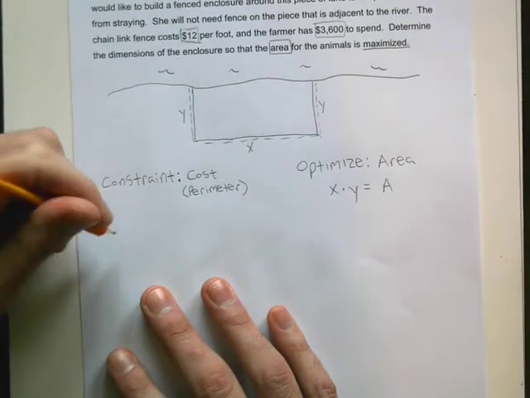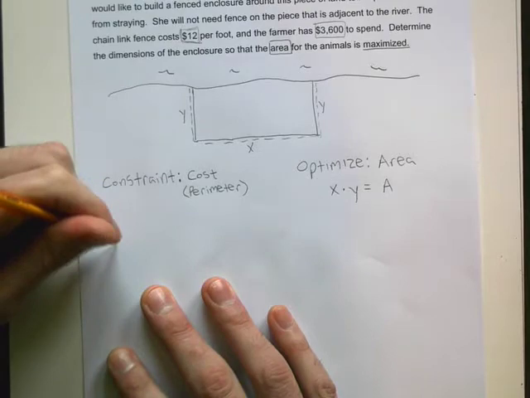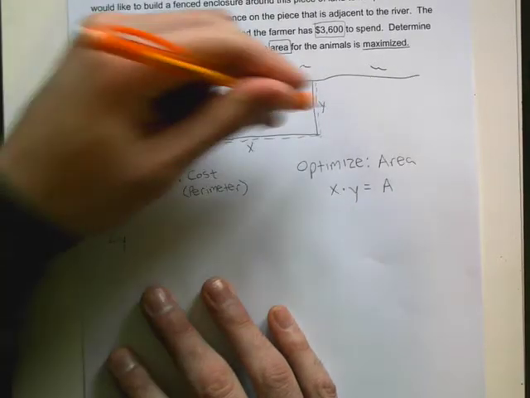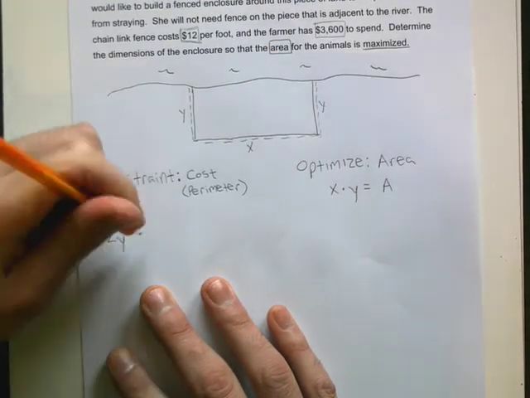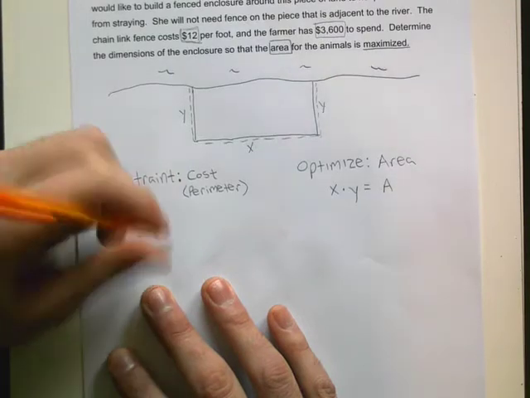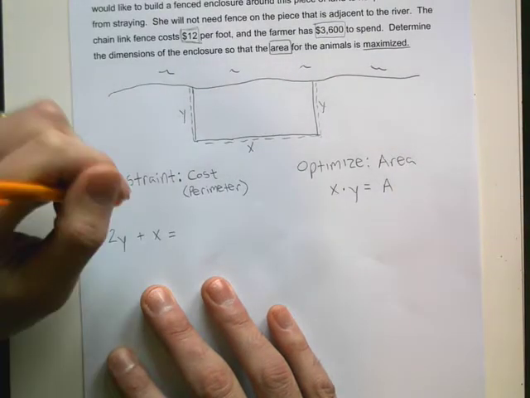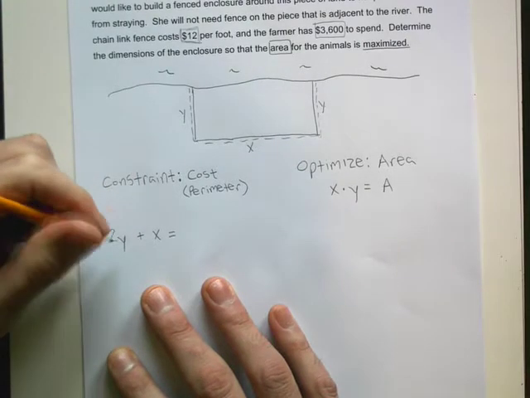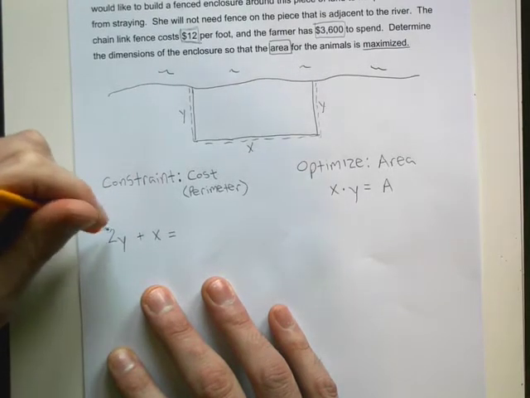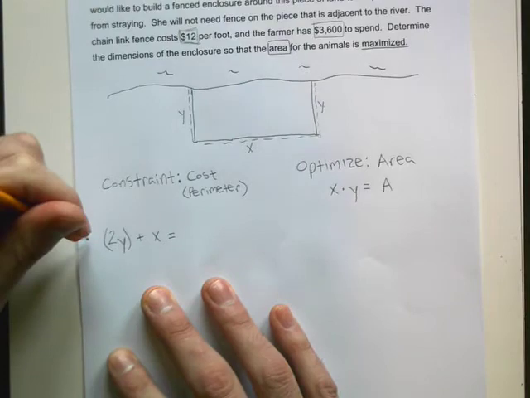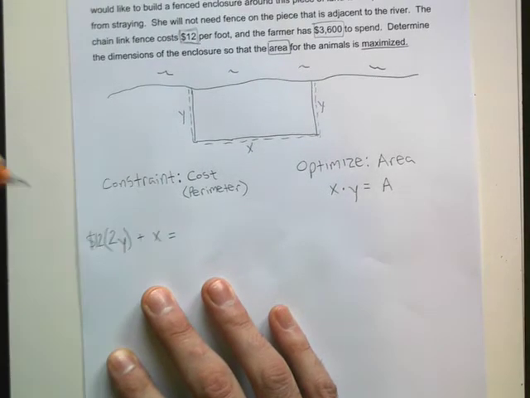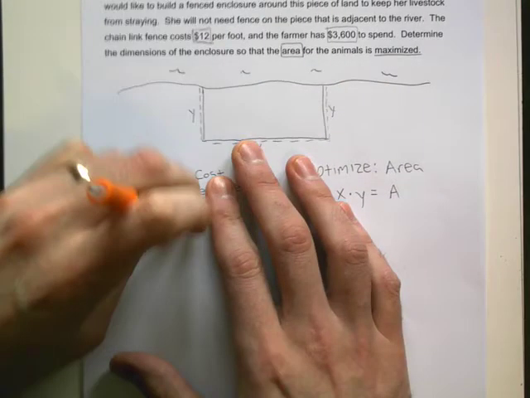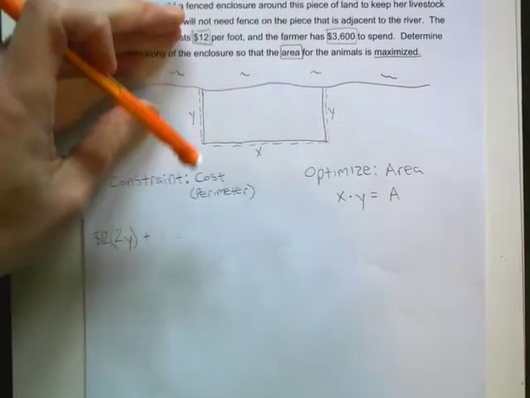So to build this perimeter, we would have 2 times y, right? Because y and y is 2y. Plus x is equal to, actually, sorry, I missed something here. This is going to be $12. Sorry, I forgot to put in cost. $12 for each of my y's. And let me just erase this.